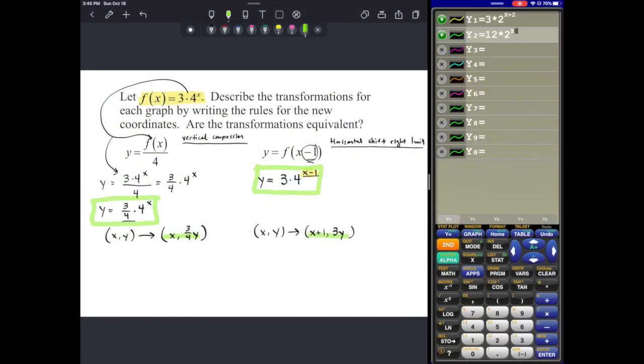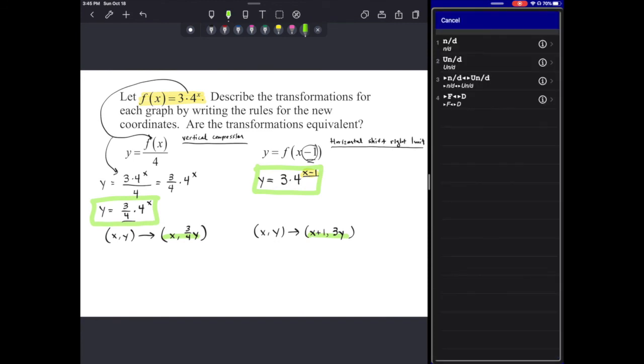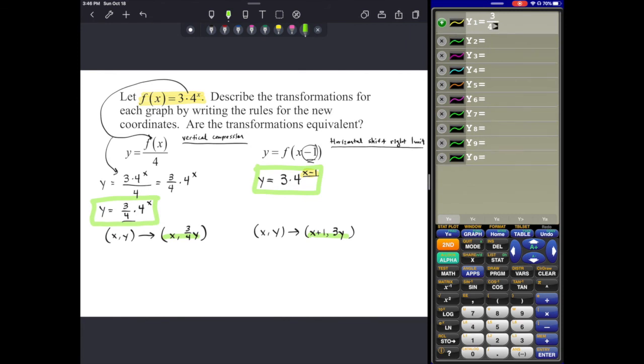All right, so let's go in, I have to clear out what's in here, and we'll do 3/4 multiplied times 4 raised to the power of x. And then down here, we're going to say 3 times 4 raised to the power of x minus 1.